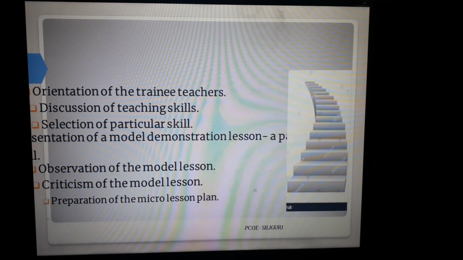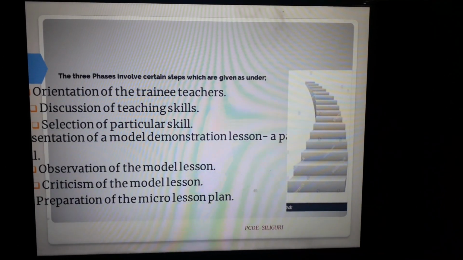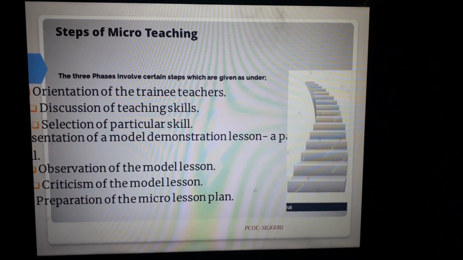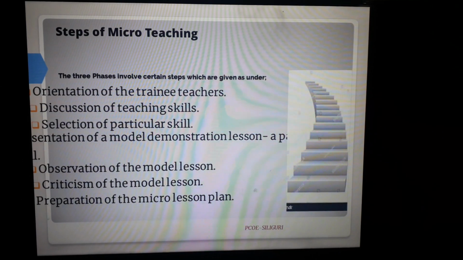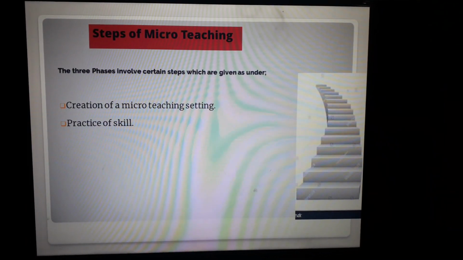Next step is preparation of micro lesson plan. Now trainee teacher will prepare a micro lesson plan in a particular skill. Next step is creation of a micro teaching setting. The Indian model of micro teaching developed by NCERT gives the following setting.